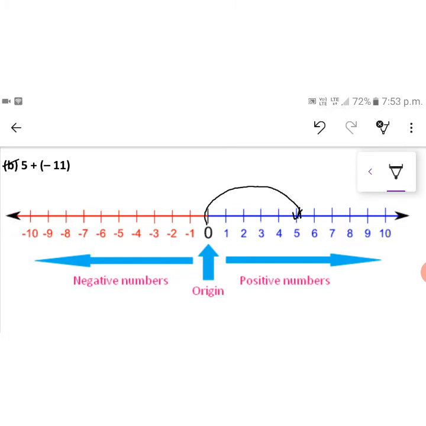And then from this point we move 11 steps to the left. 1, 2, 3, 4, 5, 6, 7, 8, 9, 10, 11. We reach minus 6. Therefore, 5 plus minus 11 equal to minus 6.